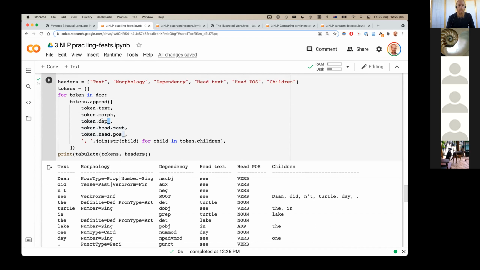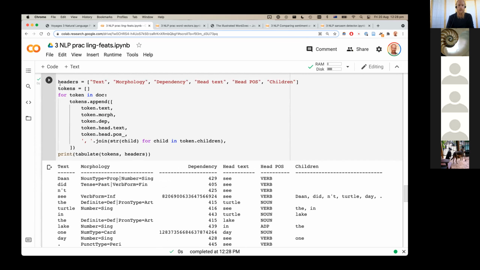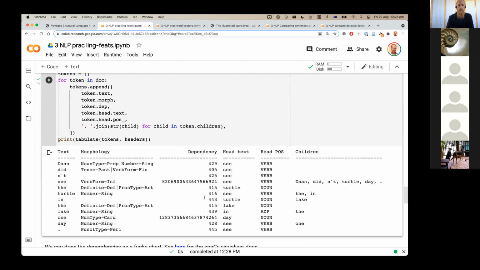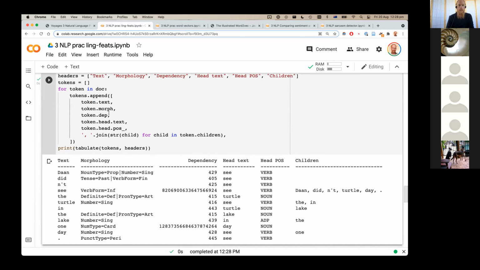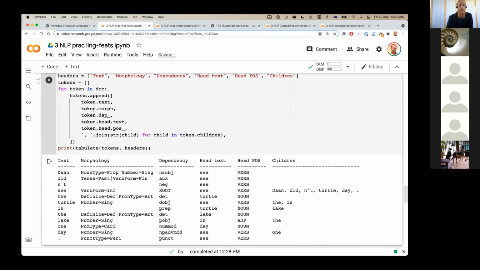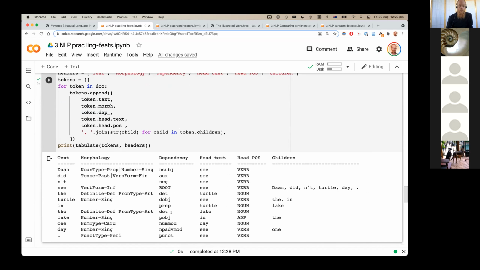So let's have a look at what happens if I take off an underscore. I should get a hash value there instead of a string. And so there we go. Get a nice big long number. So if I want the human readable form of a hashed attribute, I use the underscore suffix, and then I'll get that human readable value.